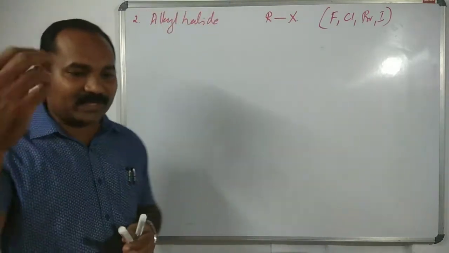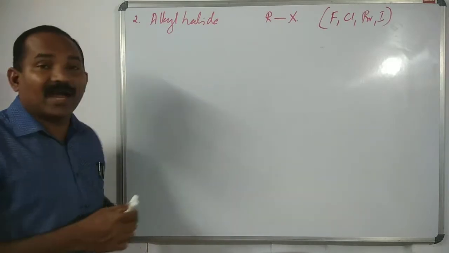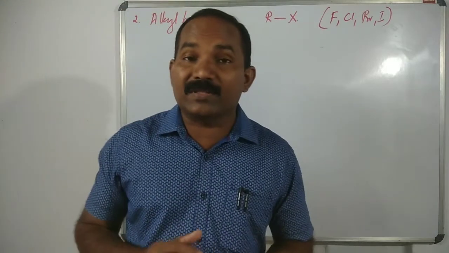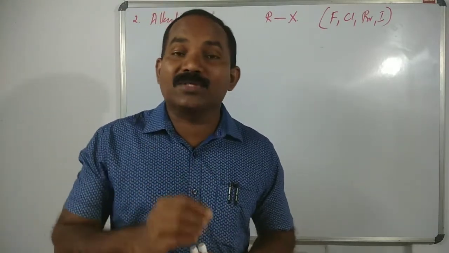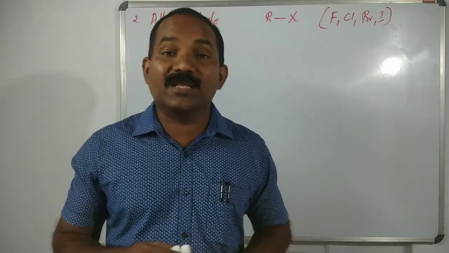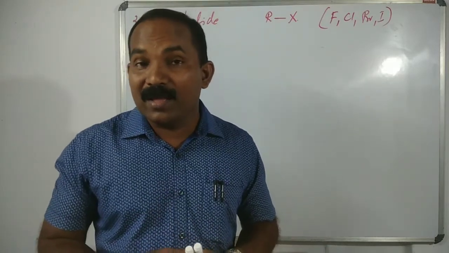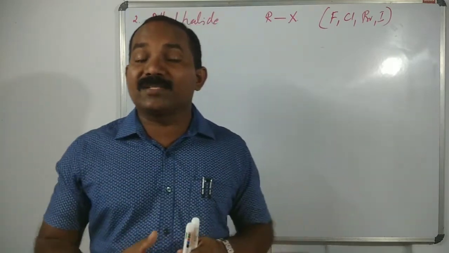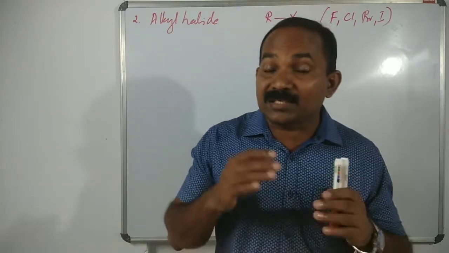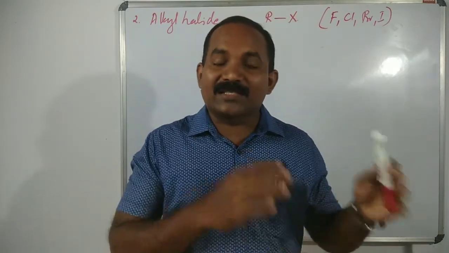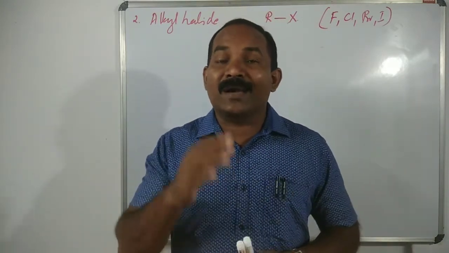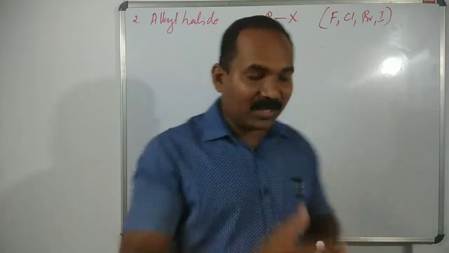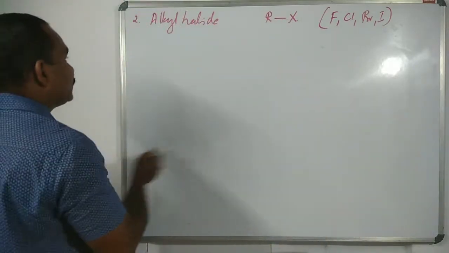The first method is that an alkyl halide is treated with dilute hydrochloric acid in the presence of zinc, except fluorides. So except fluorides, alkyl halides are treated with zinc and dilute HCl.